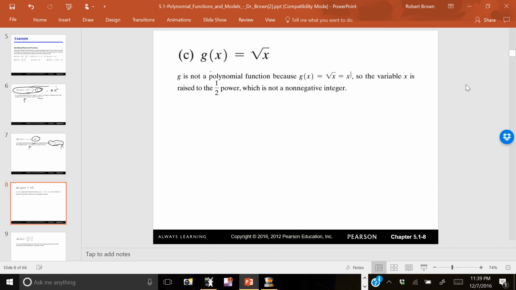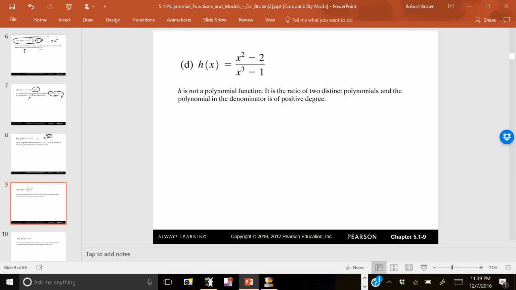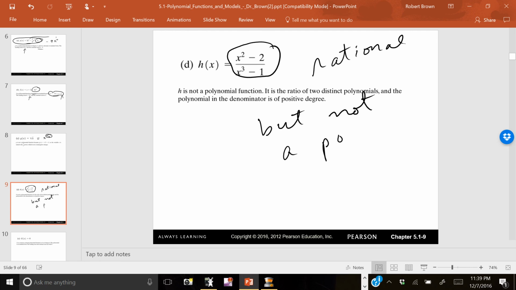Now, the first thing you notice about function c is that it is equal to x to the 1/2. And 1/2, of course, is not an integer, so it's not a polynomial. For d, notice that it is a ratio of polynomials, which is a rational function, but not a polynomial.